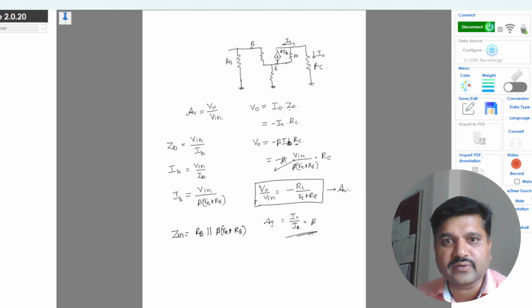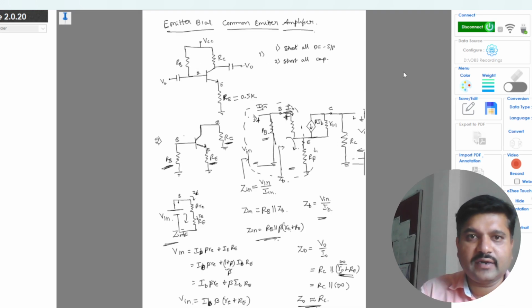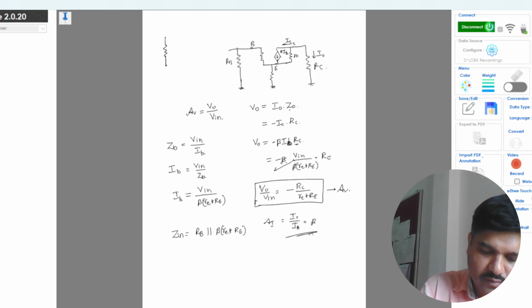the IE for this circuit. Okay, so now applying the KVL for this input loop, I will redraw this circuit once again here. So this is RB, this is RE, this is VCC.